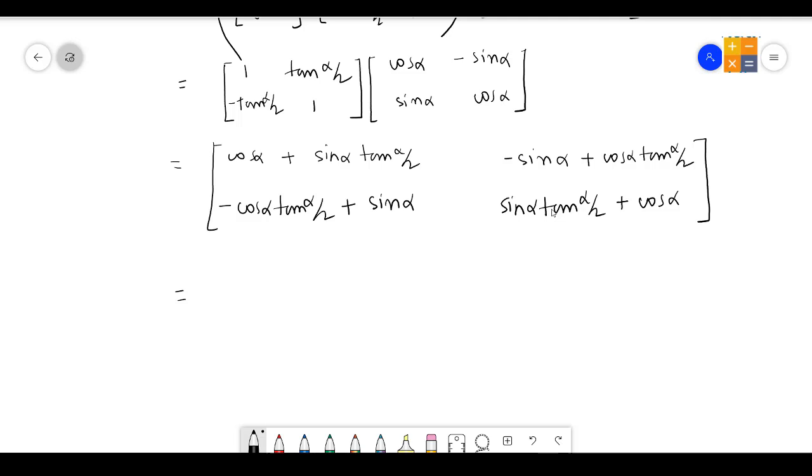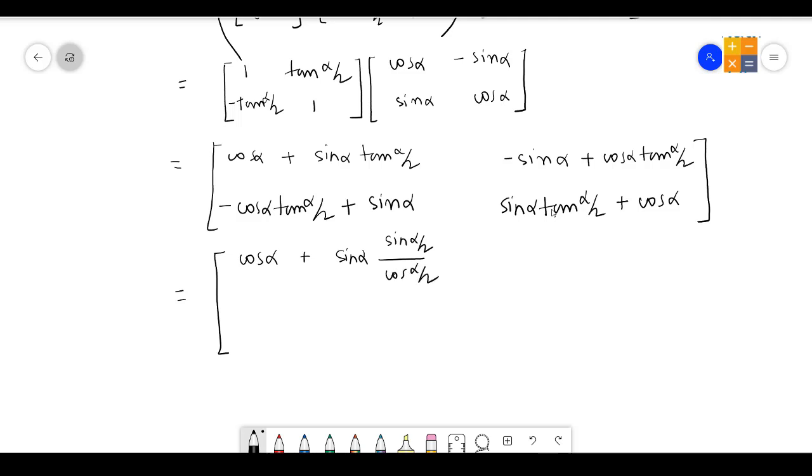Any one method can be used here. I prefer to use breaking this as sin alpha by 2 by cos alpha by 2. So let us check. Cos alpha plus sin alpha can be broken into the form sin alpha by 2 by cos alpha by 2.